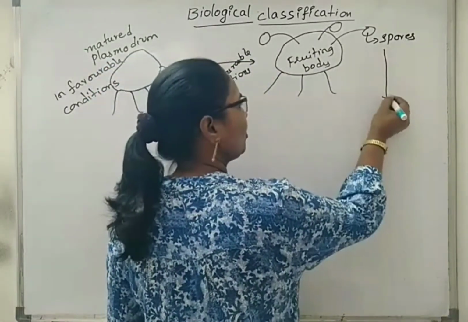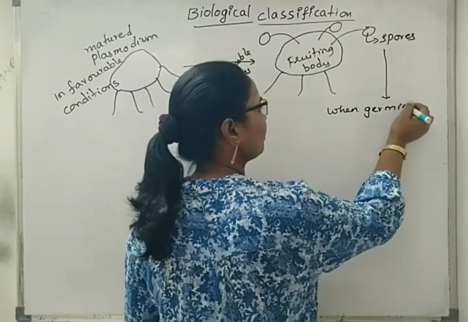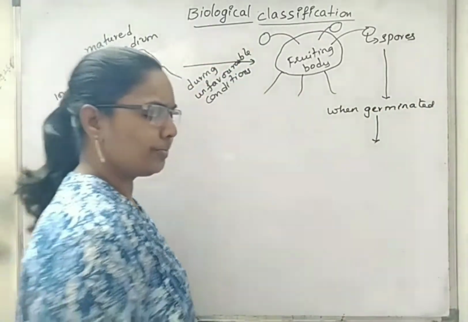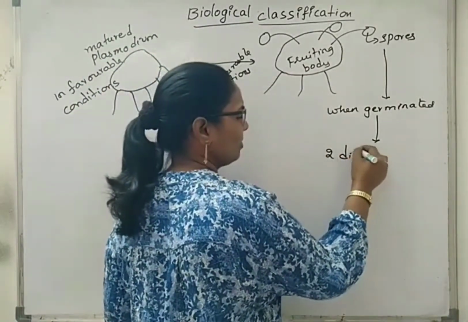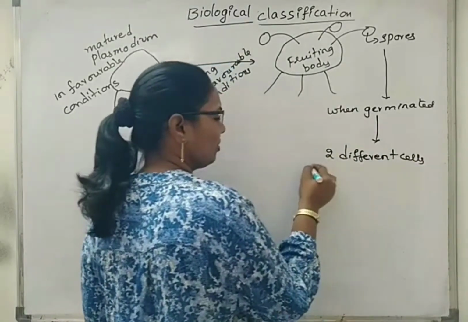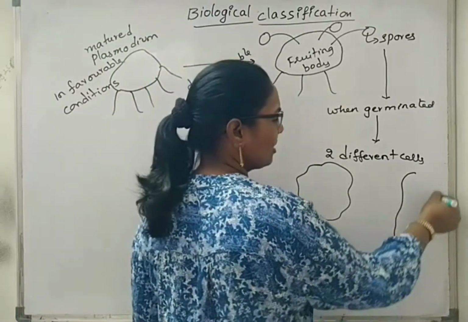Now these spores, when germinated, give rise to two different types of cells. What are those? One is the amoeboid form, another is the flagellated form.